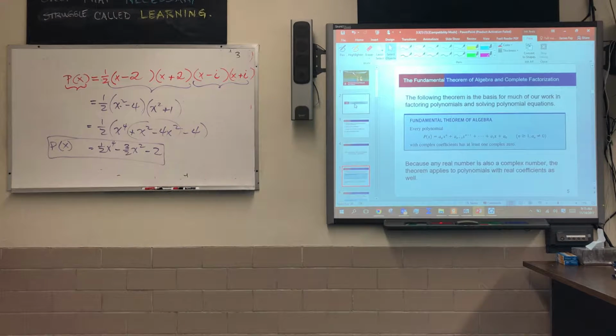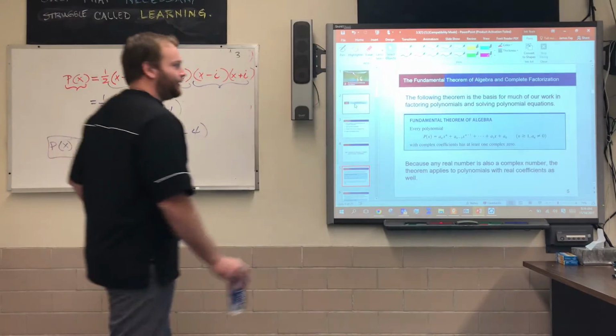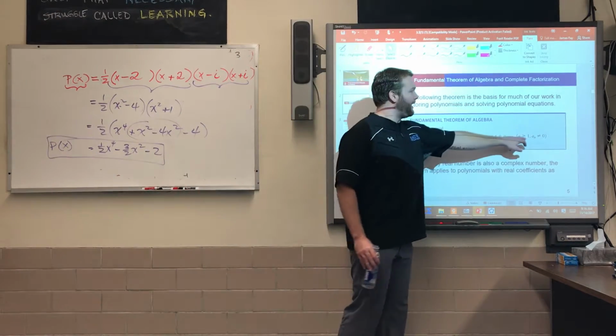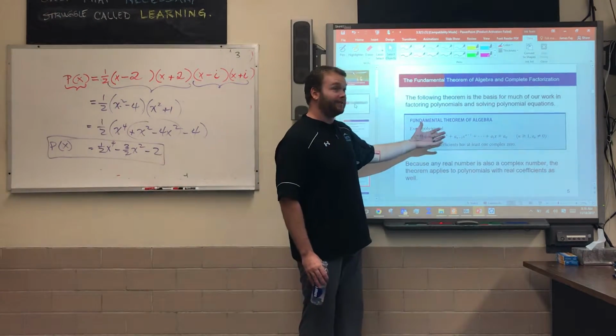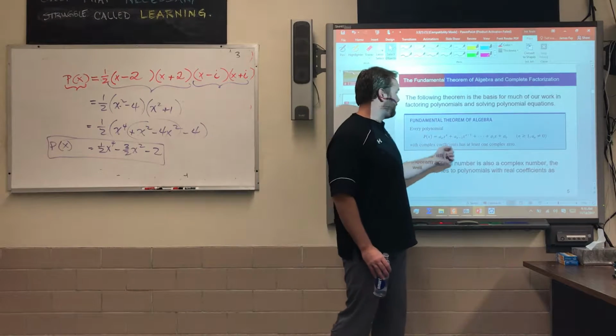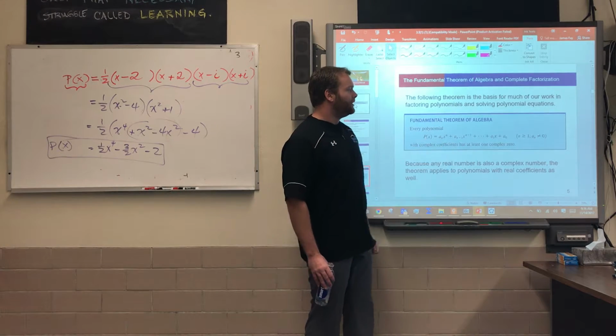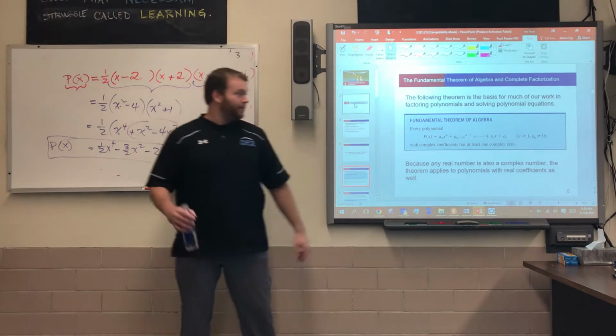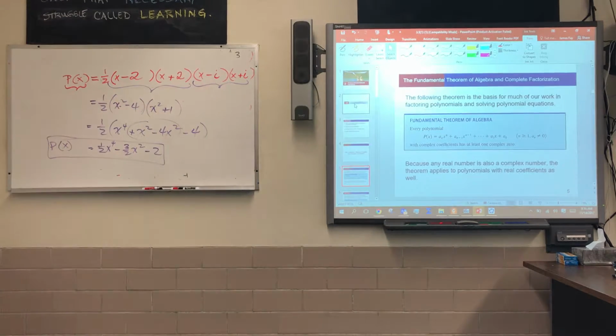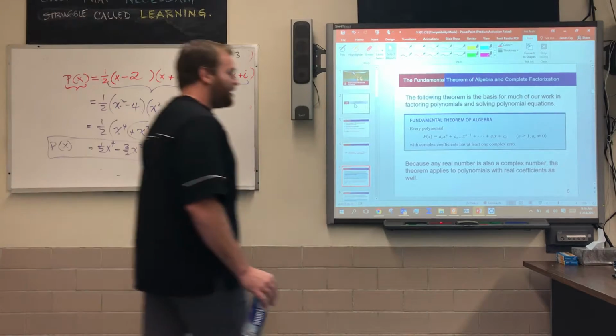The fundamental theorem of algebra says that for every polynomial p of x, okay, with that format, where all my exponents are positive integers, and obviously my first coefficient is not 0, then you have at least one complex zero. Now we start talking about the complex coefficients and complex zeros.